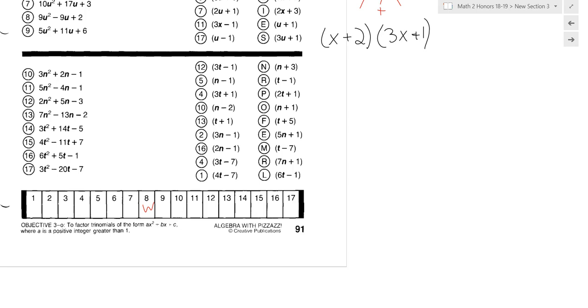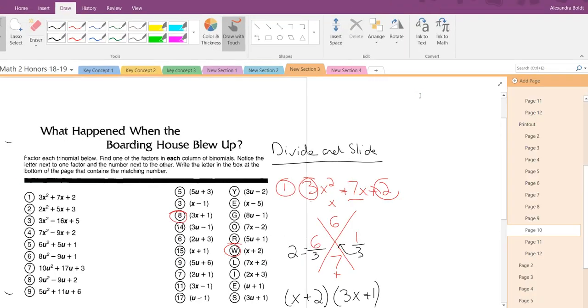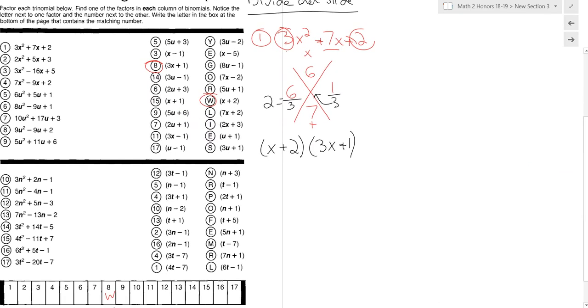All right, let's do another one. Let's do number 4. I have 7x squared minus 9x plus 2. So again, we multiply. 7 times 2 is 14.